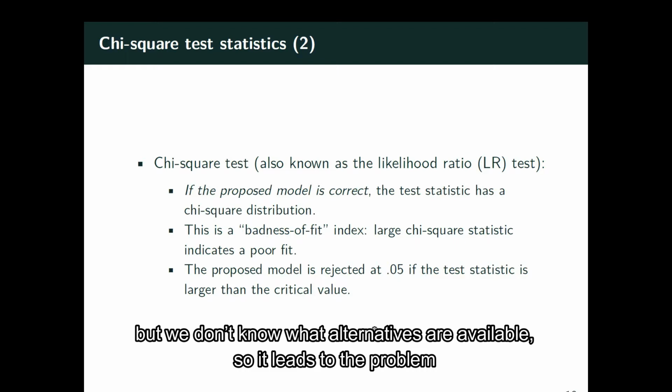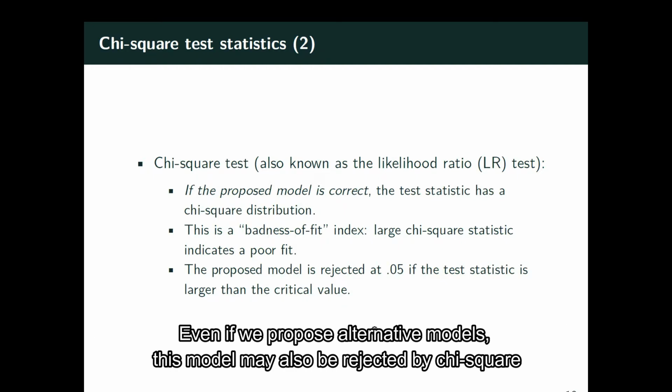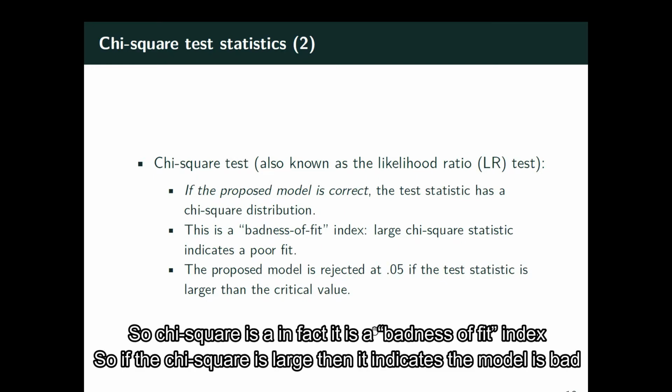So we know this is not the model, but what are the potential alternative models? Even if we propose alternative models, they may also be rejected by chi-square. Chi-square is, in fact, a badness-of-fit index. If the chi-square is large, it indicates your model is bad.